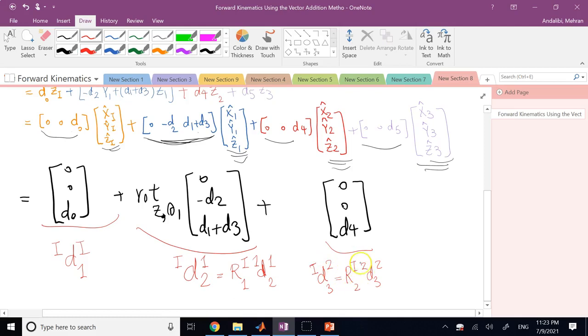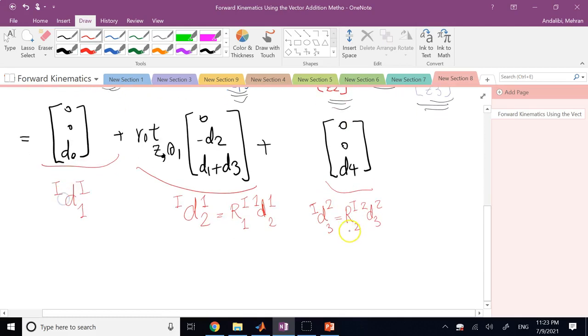And what is r of 2 with respect to I? Well, r of 2 with respect to I is r of 1 with respect to I times r of 2 with respect to 1. R of 1 with respect to I is clear. That's rotation z with angle theta 1. I have that one, so that is already determined.